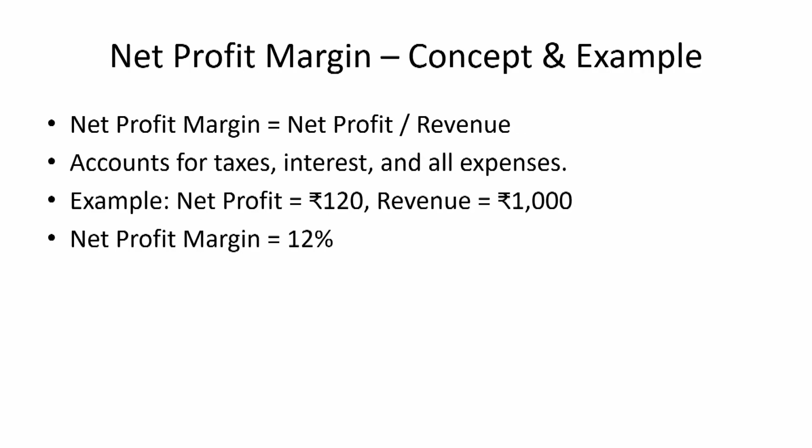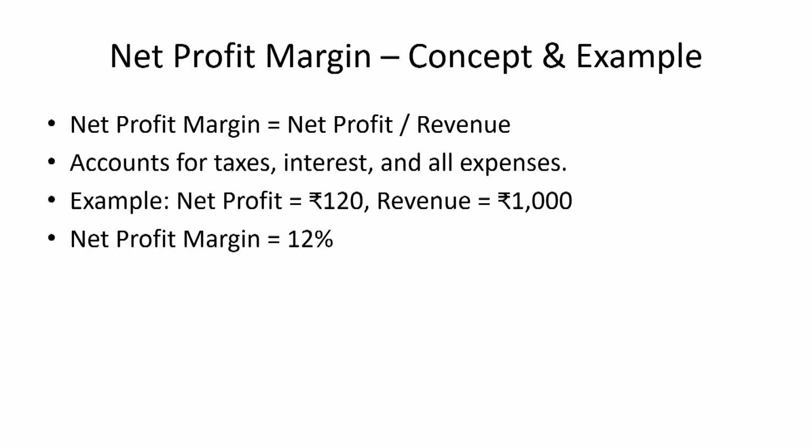Let us say those costs come to 400 rupees. So, 600 minus 400 gives us an operating profit of 200 rupees. Our total revenue is still that 1000 rupees. So, what is the operating margin? This is 20%.